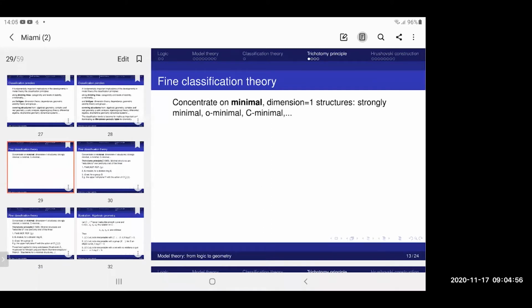Historically the first and most exemplary kind are strongly minimal structures, inside the class of categorical structures. Then O-minimal structures, with which you are already acquainted, and C-minimal, DP-minimal, and people go on working on this and making sense of this.